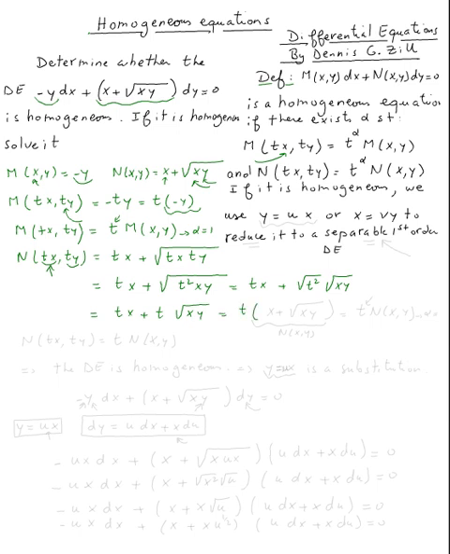Now I'm going to factor the t, and you can tell this is just N of xy. So this is t N of xy, and the alpha is still 1, the exponent of t. So N of tx, ty is equal to t N of xy.